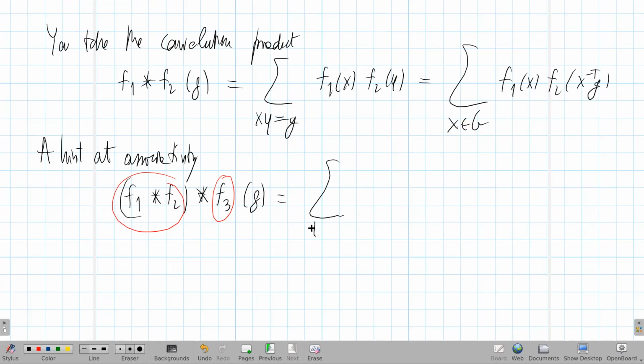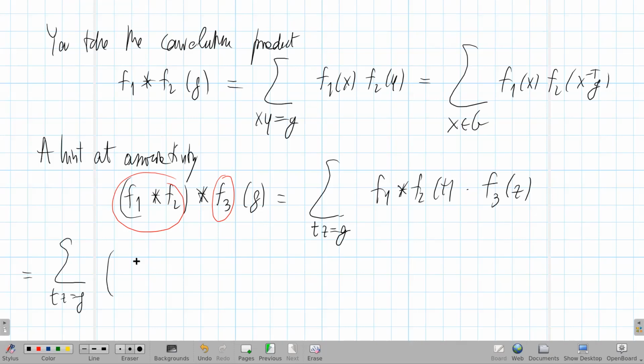I'll say tz equals G, as you will see in a second why I'm choosing letters like this, where I have the first map computed on t, and the second map computed on z. This is the first operation I have to take, and then I have to expand this. And what's this? It is the sum over xy equals t of F1(x) F2(y), okay?